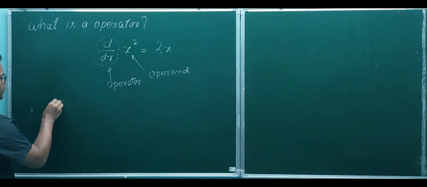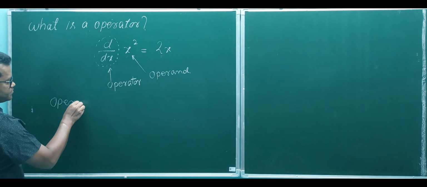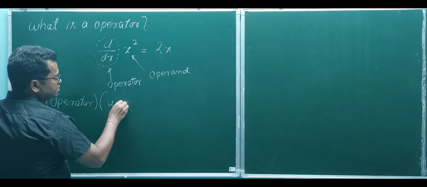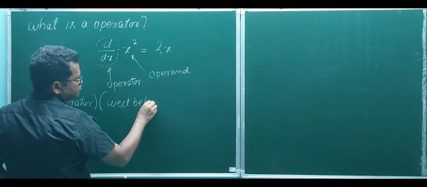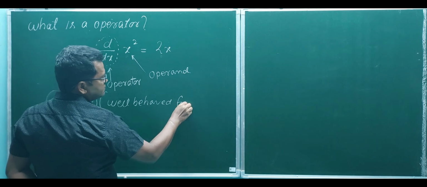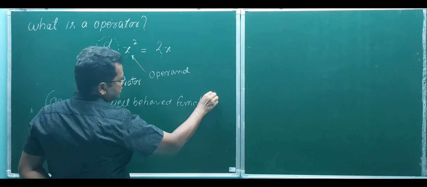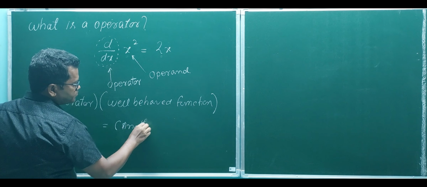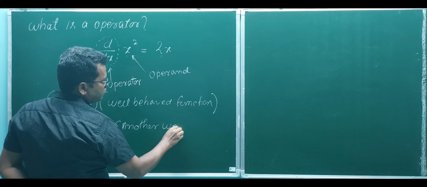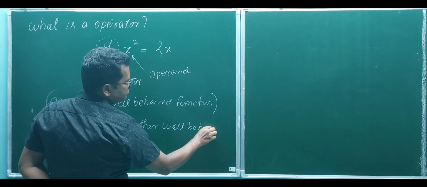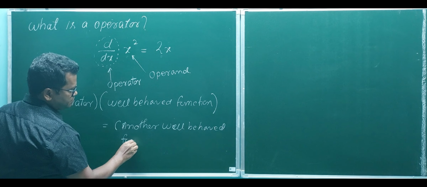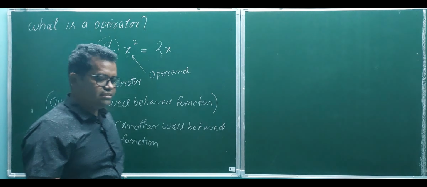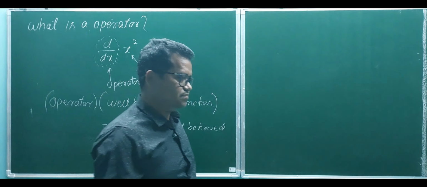So we can write: operator operating on a function gives another well-behaved function. So this is the simple concept of an operator. That is, it changes one function to another function.